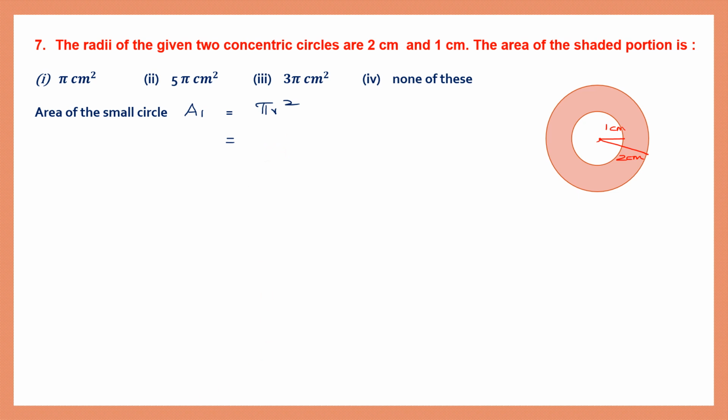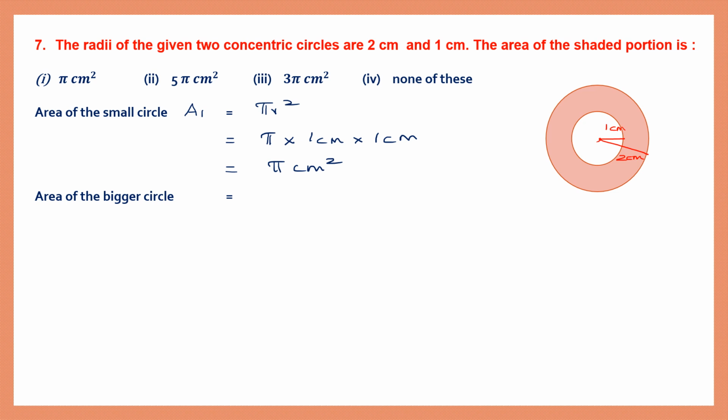We'll leave it as pi. So that is pi into r square. The small circle, the radius is 1. So 1 centimeter into 1 centimeter. So pi into 1. Now 1 into 1 is 1 itself. So it's simply pi centimeter square. So this is the area of the small circle.